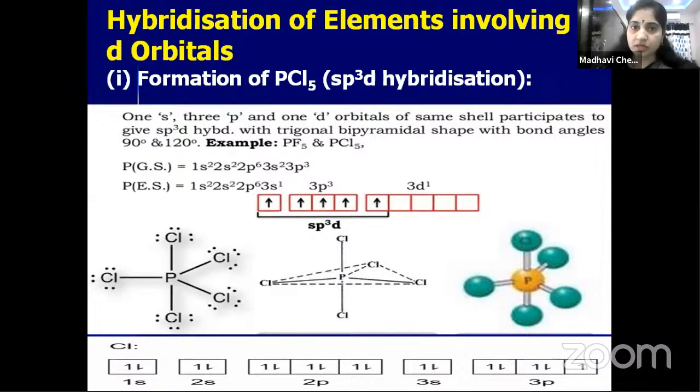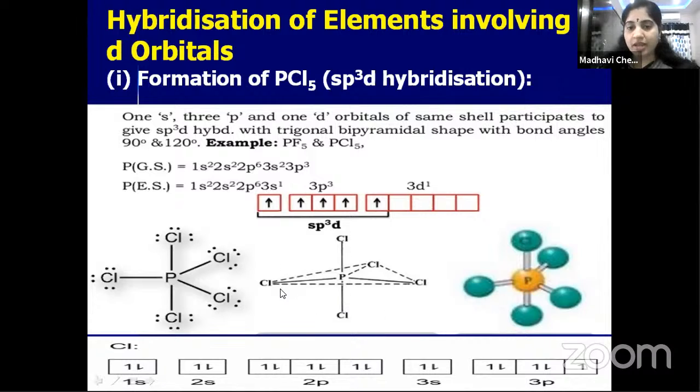When phosphorus PCl5 phosphorus pentachloride, phosphorus undergoes which type of hybridization? sp3d hybridization. One s orbital, 3 p orbitals, and 1 d orbital. Once they overlap or intermix together, they form how many sp3d hybrid orbitals? 5 sp3d hybrid orbitals. Okay, and the shape is trigonal bipyramidal structure, and two types of bonds are present.